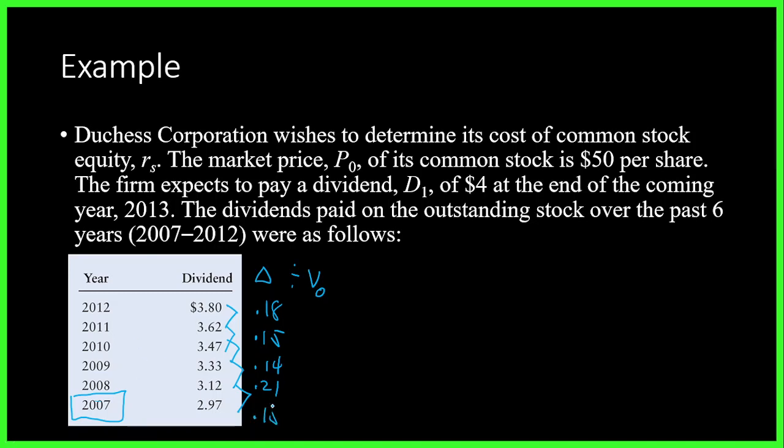Ayun, 0.15. Now, we divide these by our base year. So, dito, ang base year ng dalawang to is 2.97. And then, eto, you divide that by 3.12. This one, you divide that by 3.33.